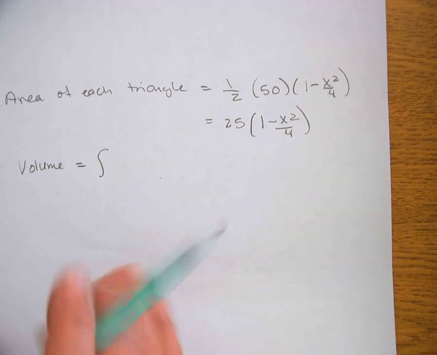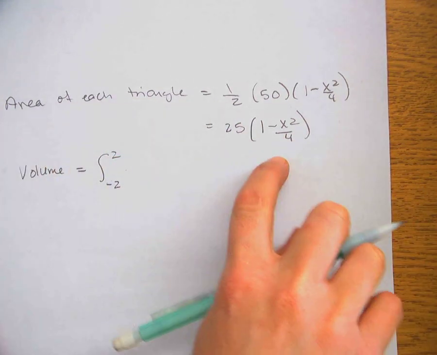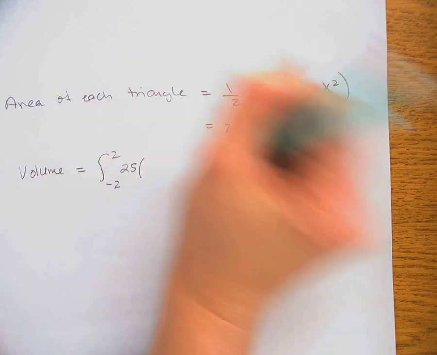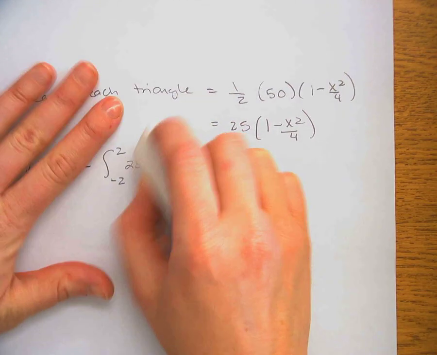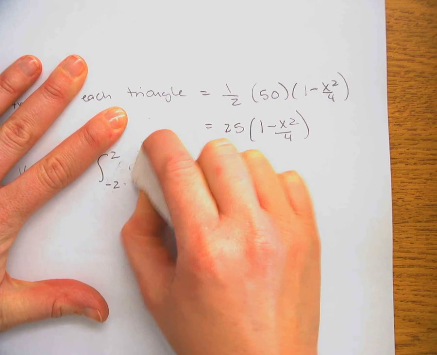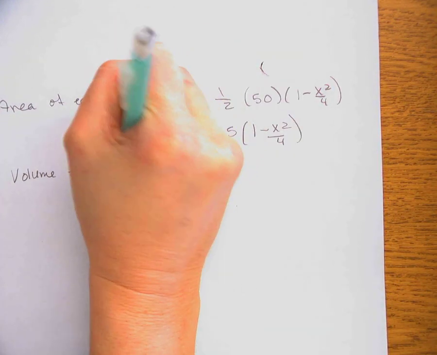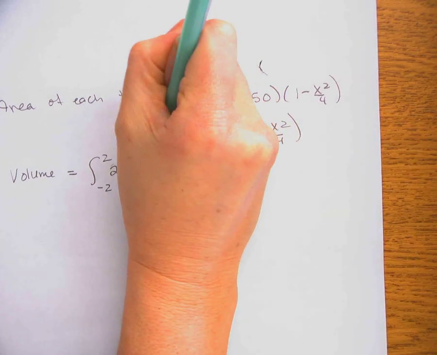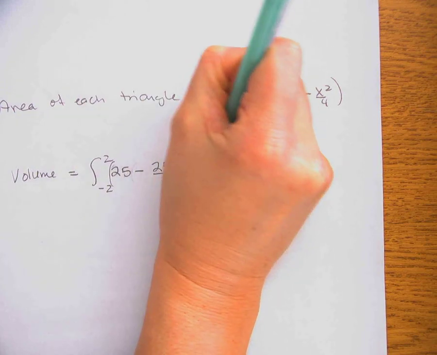So I'm going to integrate from -2 to 2 of the area of each triangle, which we found was 25 times, here, I'll go ahead and distribute the 25. So it's 25 minus 25x squared over 4 dx.